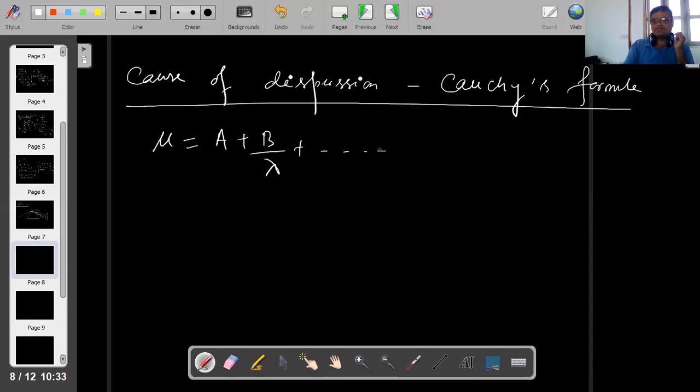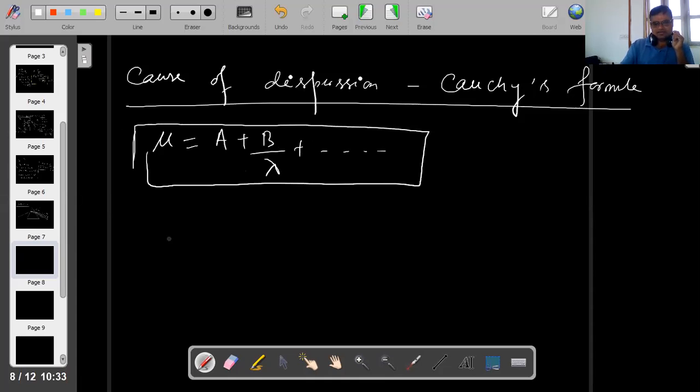Lambda is very large, so lambda to the fourth can be neglected in the denominator. So mu is equal to a plus b by lambda squared, where a and b are constants. Write down, where a and b are constants.